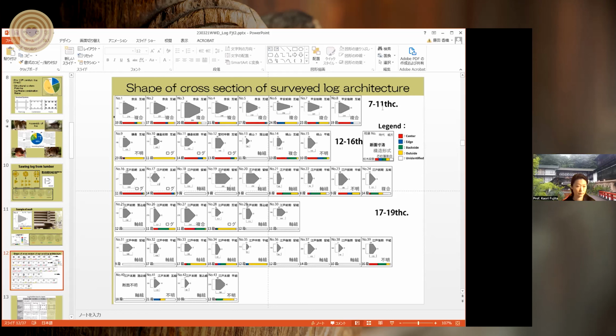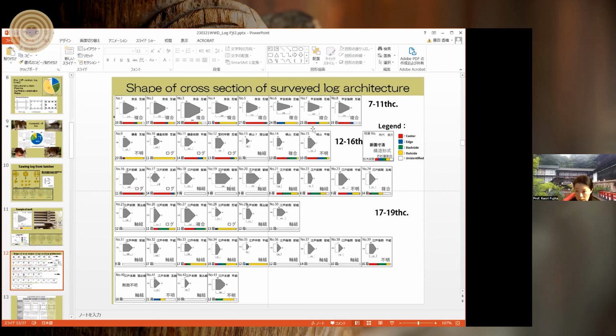Thank you. There's a question from Rutele. Are the logs made of coniferous or broadleaf species? Mostly from conifers, because especially in the earlier stage, our carpentry tools were not able to cut vertically. For logging, vertical sawing was not done.